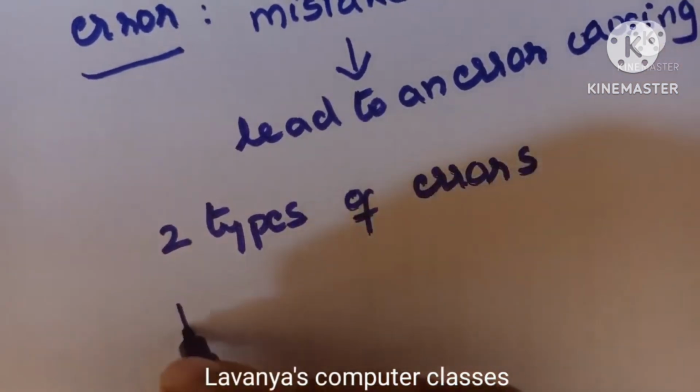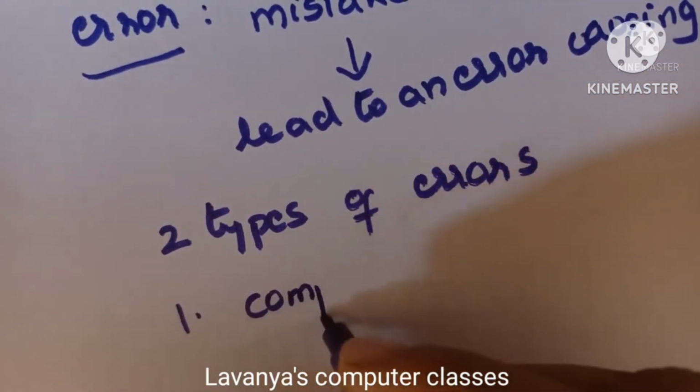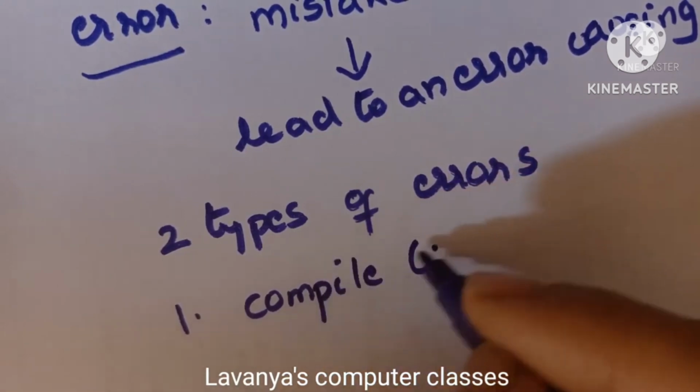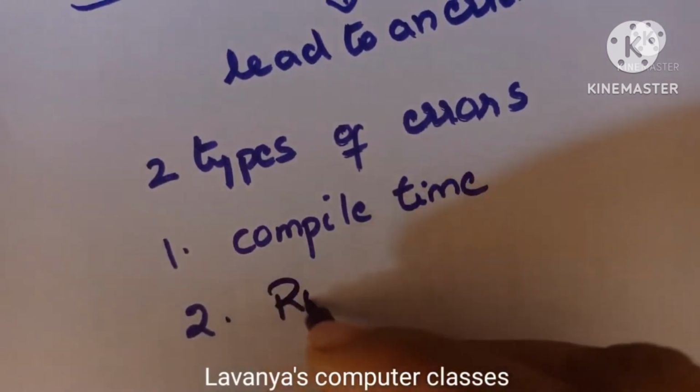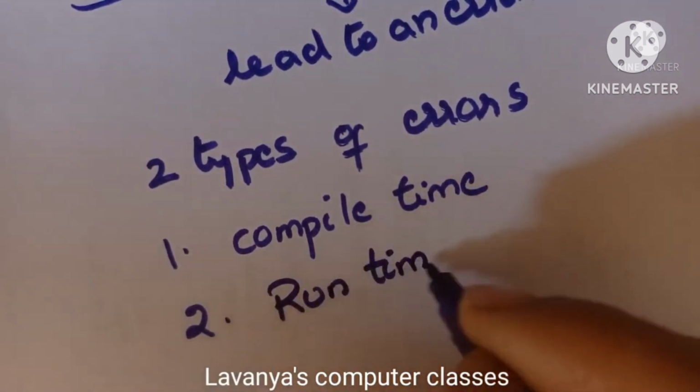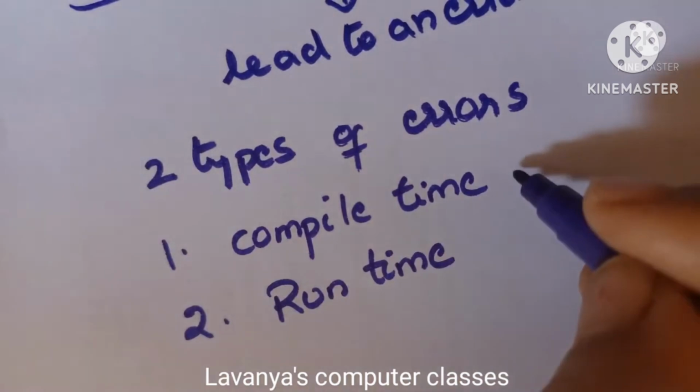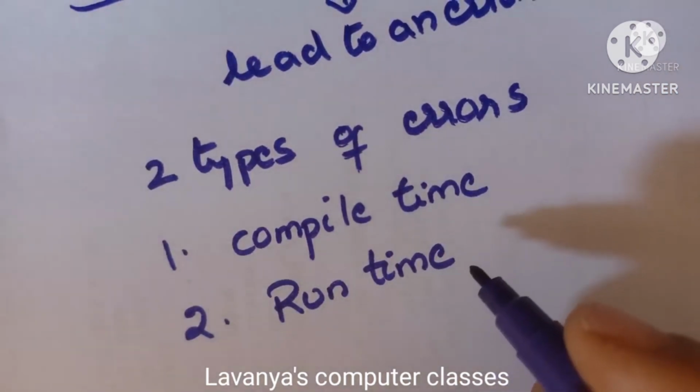There are two types of errors. The first one is the compile time error and the second one is the runtime error. First I will explain what a compile time error is.